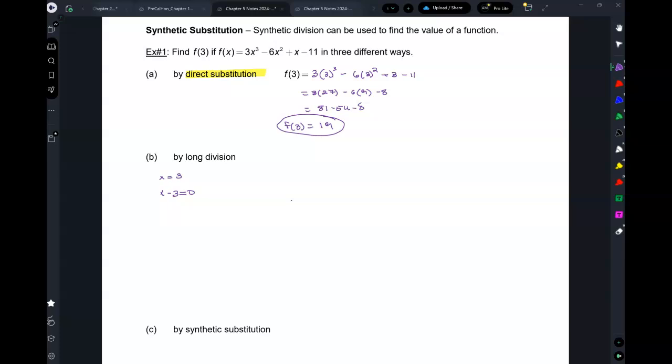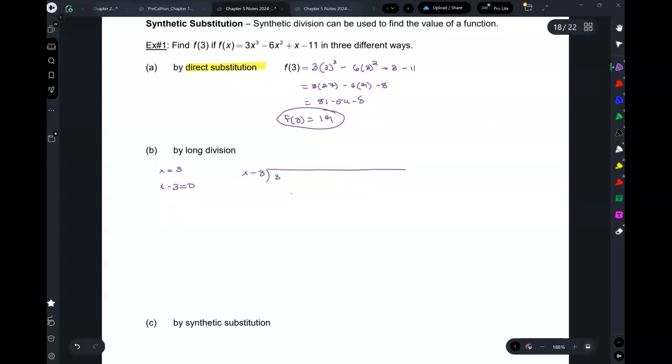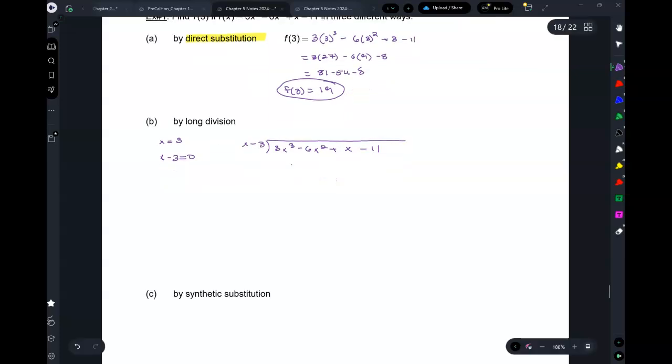That's how you get x equals 3, right? So here we're going to put x minus 3. And then here, 3x cubed minus 6x squared plus x minus 11. So this is good. We'll be reviewing some of this before the final, or before the test even.